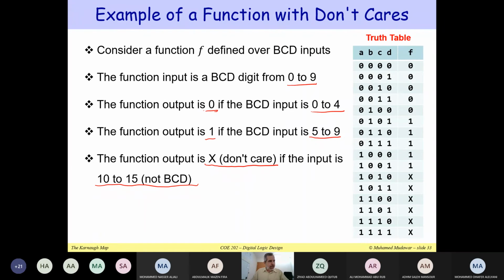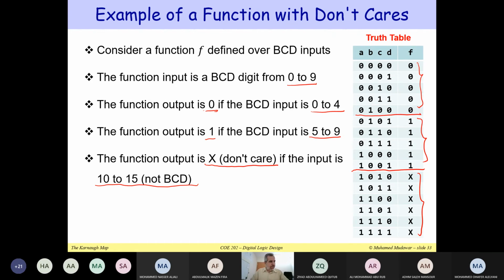So I can draw the truth table for this function. Notice that from 0 to 4, the output is 0. So these are the zeros of the function. From 5 to 9, the output is 1. So these are the 1 entries in the function. And from 10 to 15, the output is a don't care because the output is not defined for a non-BCD input. It's defined only for BCD.